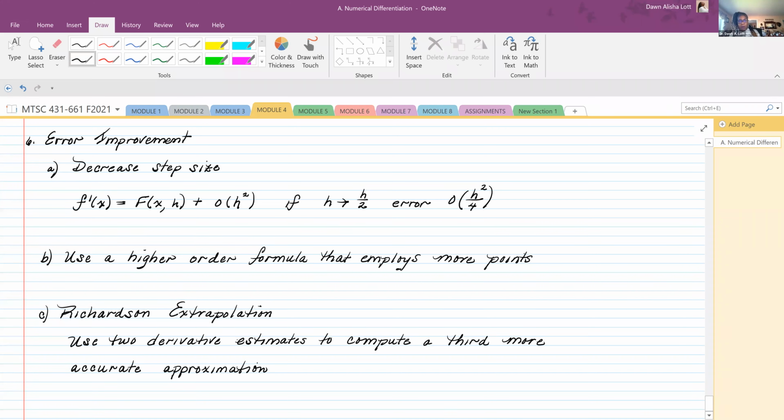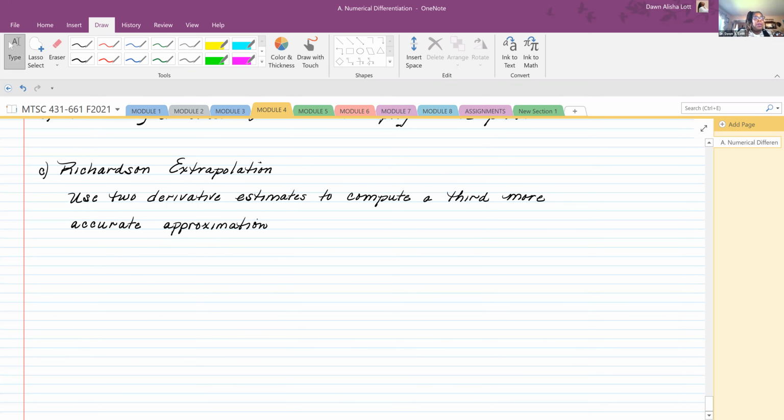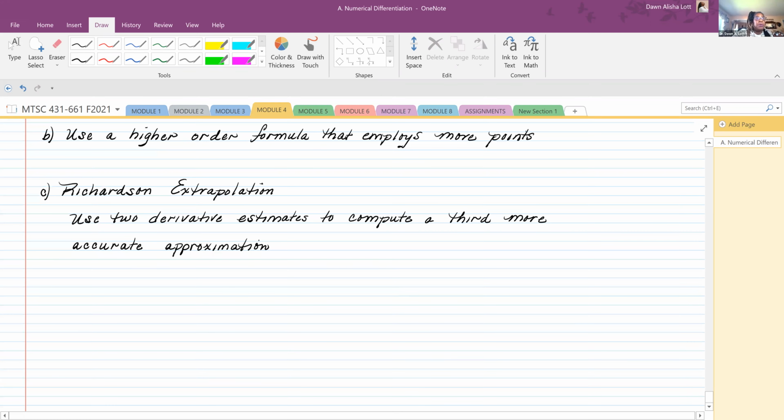Now, all of this is good, wonderful, except what do we do if our distance between our points is not equal? So the last thing is, what do we do if we have unequally spaced data?